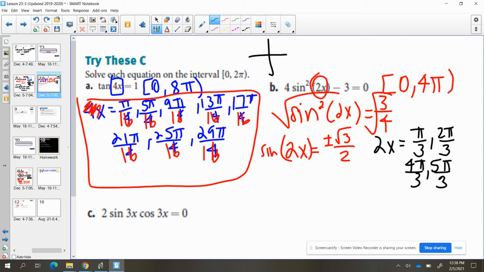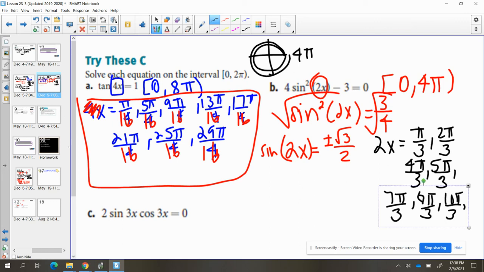Because we need to go not only from 0 to 2 pi, but one more to get to 4 pi. And so we would have to add 2 pi to each of these values, okay? So our next values, we would also have to include 7 pi over 3, 8 pi over 3, 10 pi over 3, and finally, if we add 2 pi to 5 pi over 3, we get 11 pi over 3.